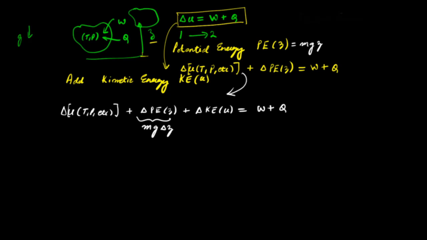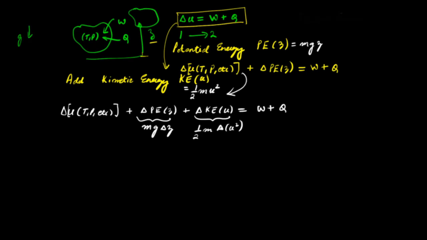Similarly, kinetic energy we can write as half m u squared, where u denotes the speed. So the change in kinetic energy we can write as half m delta of u squared. That is, whenever there is a contribution of some other energy that we have neglected, we can always add that and fix our equations.